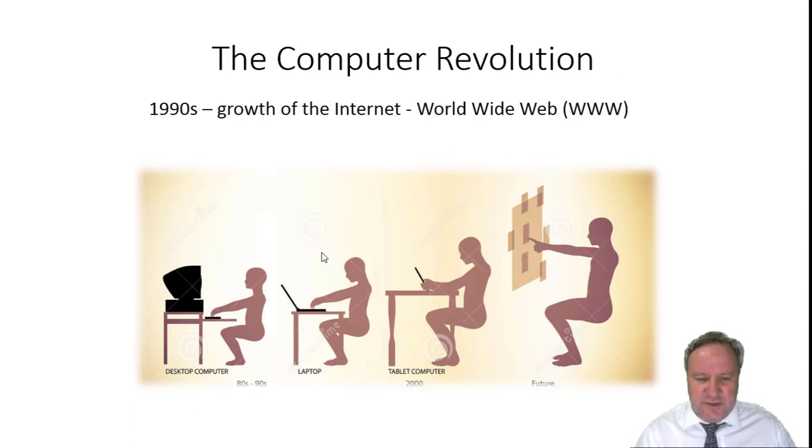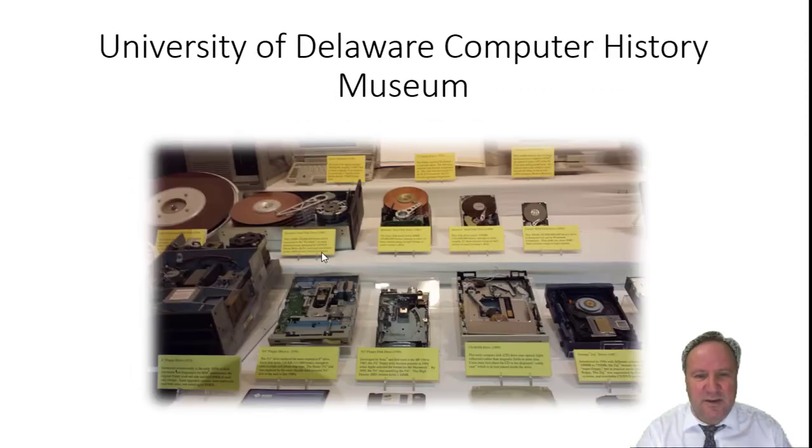The computer revolution, as you know, started in the 80s and 90s with desktops, and later in the 2000s laptops became mainstream. Today everybody is using a smart device like an iPhone or a tablet computer. In the future we're going to have wearable computers. We're going to talk about the future in a later chapter.